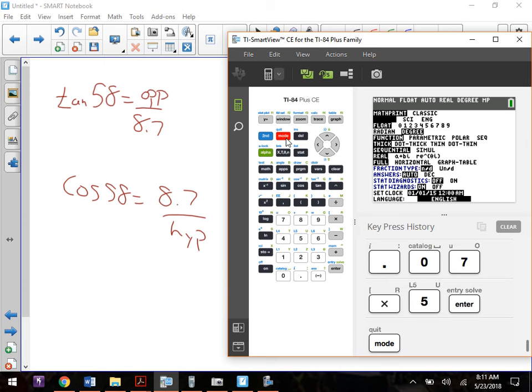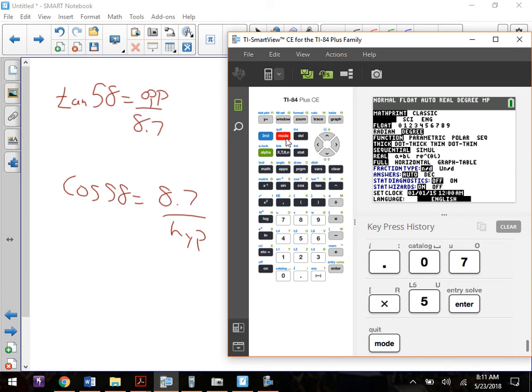But if you wanted to look at it on a graph, you'd have to be in radians. Then it's not going to say pi over 4 or anything like that, but you'll get decimal equivalents, and you have to mess around with it. It just doesn't look as clean otherwise. Just a little FYI.